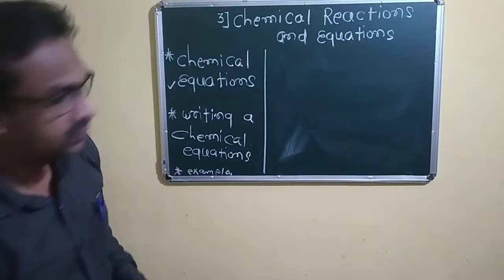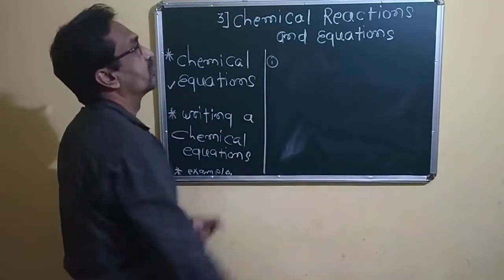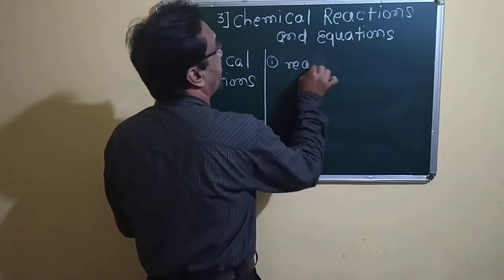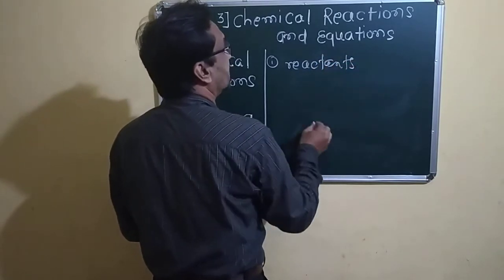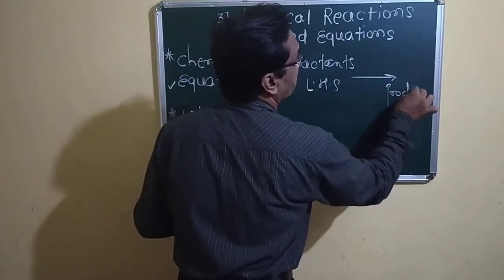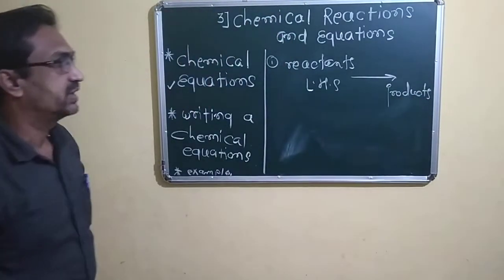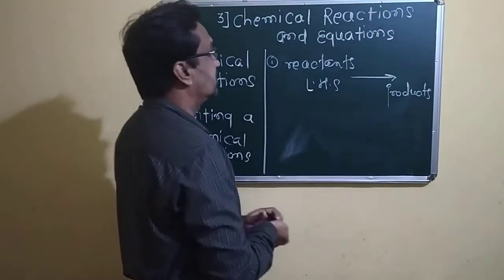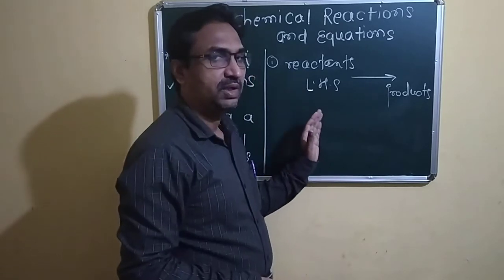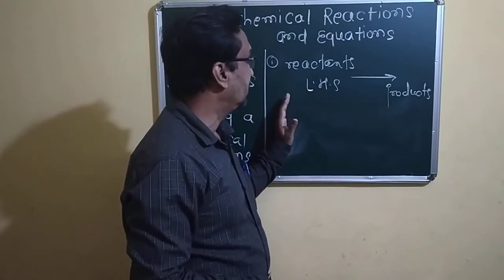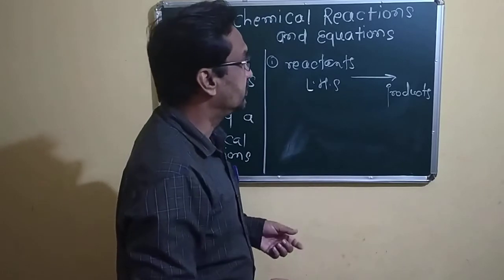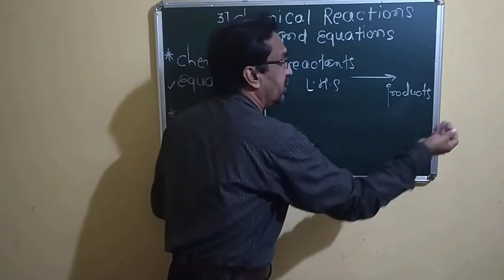The first rule, as mentioned in our book: the reactants on the left hand side and the products on the right. Always write down the reactants, which are taking part in the chemical reaction, on the left hand side, and the products which we can form or obtain in this reaction are written on the right hand side.